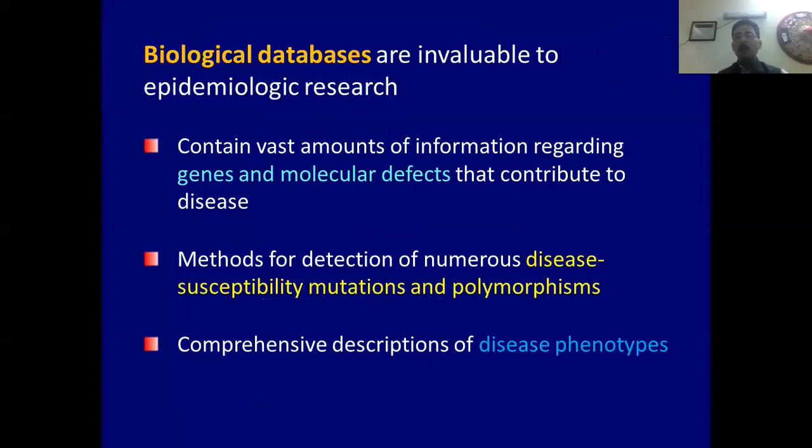So the first and foremost advancement in bioinformatics started with the database designing and storage of biological information in the form of online and offline databases. Now we have a vast diversity of different biological databases according to the type of information or data stored, and they are mostly available online.